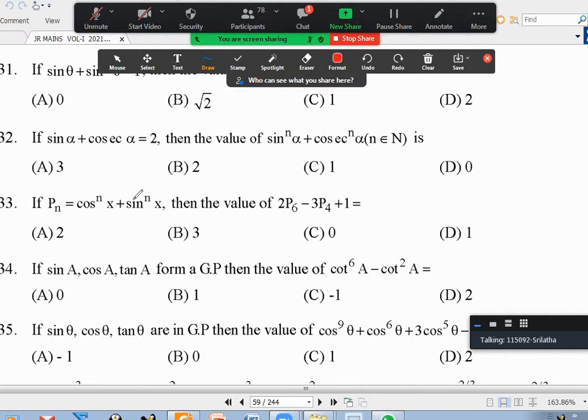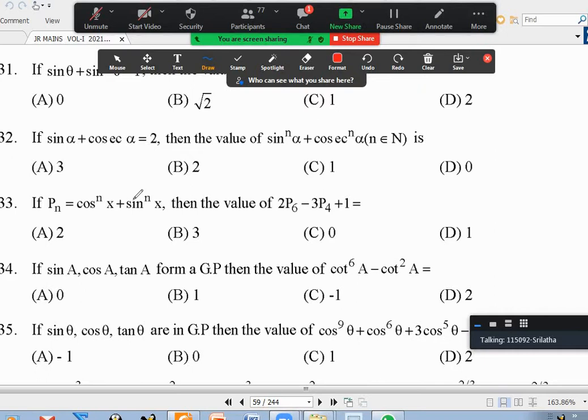Then we'll write sin alpha plus 1 by sin alpha equal to 2, sir. Then we'll get sin square alpha plus 1 equals 2 sin alpha by taking LCM. Yes, correct. Then by taking 2 sin alpha to the left hand side, we'll get sin square alpha plus 1 minus 2 sin alpha equal to 0. Then we'll get sin alpha minus 1 whole square equal to 0.